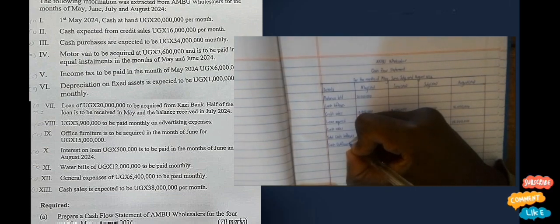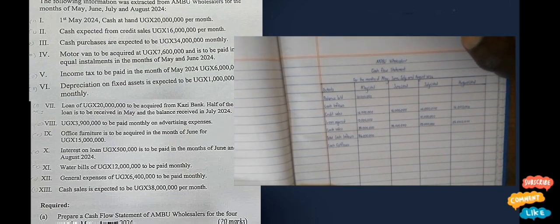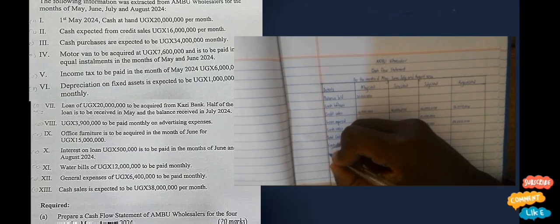Then we are going to move ahead for total cash outflows. So when it comes to cash outflows, we have Roman numeral 3. Cash purchases are expected to be 34 millions monthly.